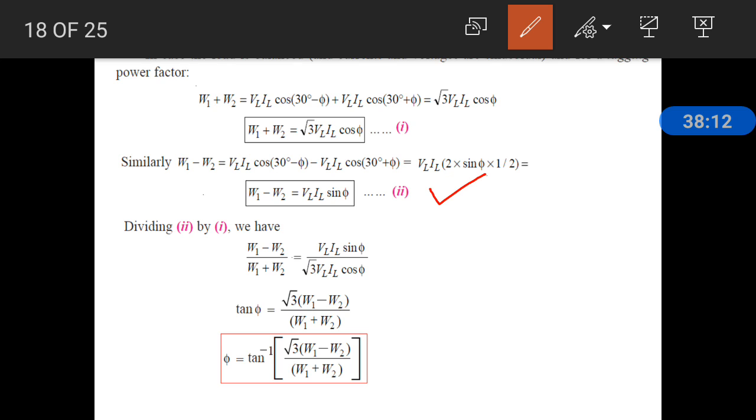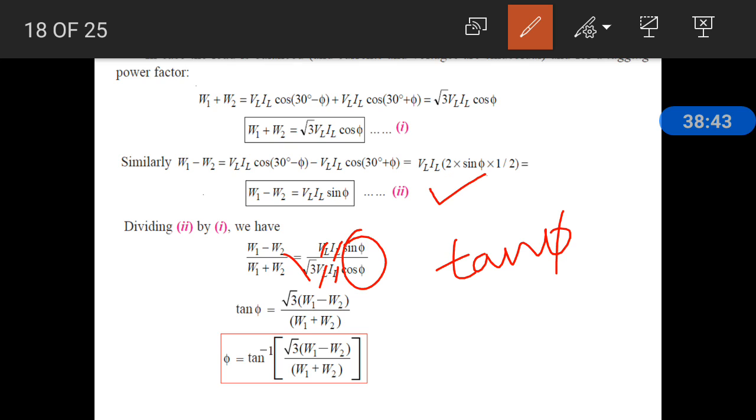So from this equation we know that sin phi by cos phi is tan phi. Clear? So we are taking tan phi outside. VL IL cancels, only √3 in the denominator remains. So the denominator √3 goes to the numerator side on the left hand side.